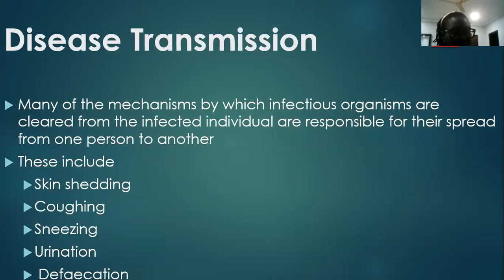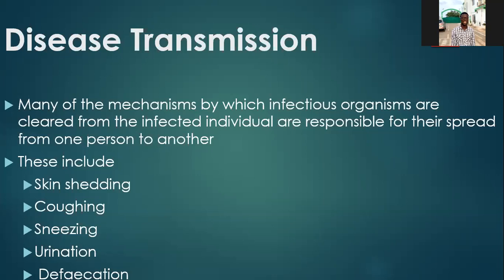Fetal infection can occur by two routes, either hematogenous routes, that is through the blood to the placenta to the baby, or ascending infection from the female genital tract, that is an infection from the vagina into the membranes, the chorion, the amnion, and then infecting the fetus.